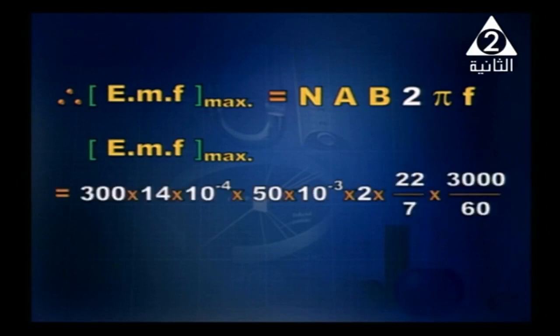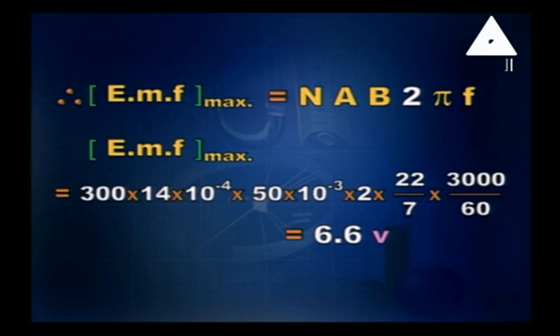Number of turns 300, area 14 centimeters squared, so it is multiplied by 10 to the power of -4, times magnetic flux density, which is 50 millitesla, multiplied by 10 to the power of -3, times 2 pi. And what about the frequency? 3000 revolutions per minute, so it is divided by 60. In this way, we managed to obtain the maximum EMF.